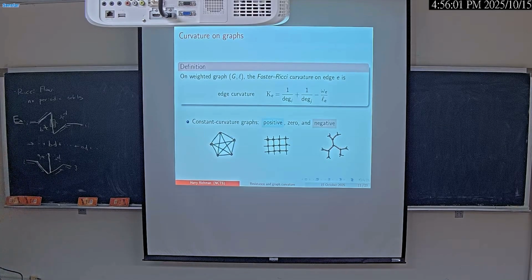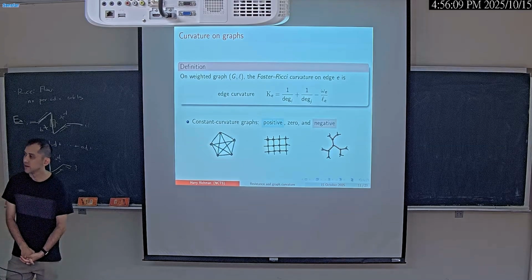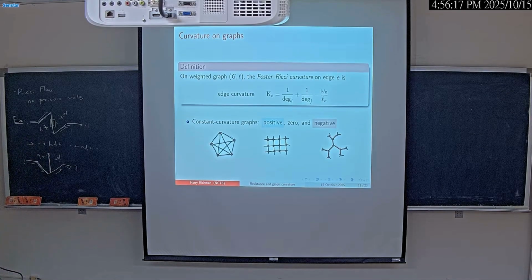Right, so the main interesting part in this formula is this effective resistance term. We'll look at some more examples in a little bit, but before going on to that, I want to mention that there is some justification for why this is a nicely behaved definition of curvature.